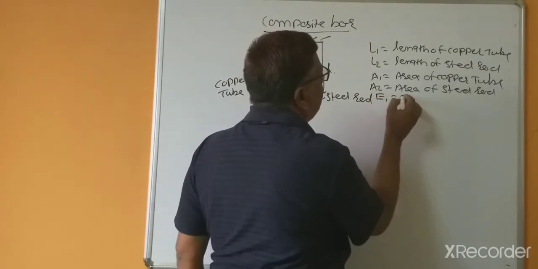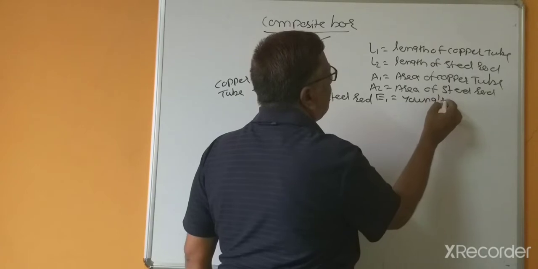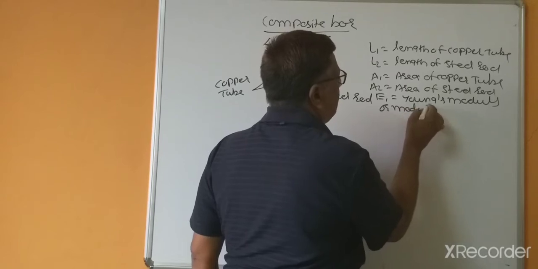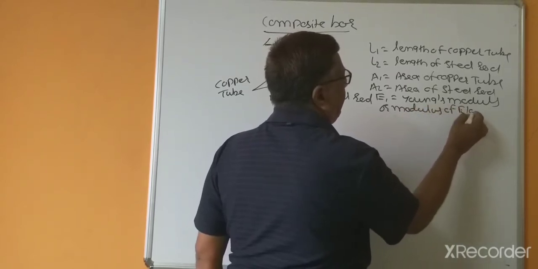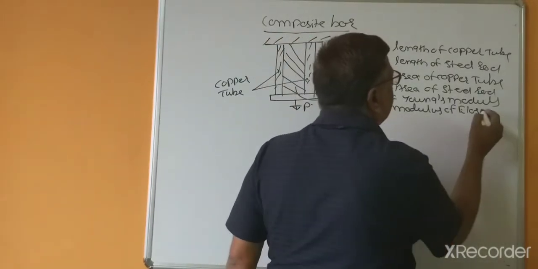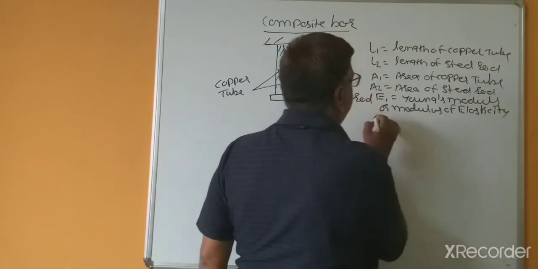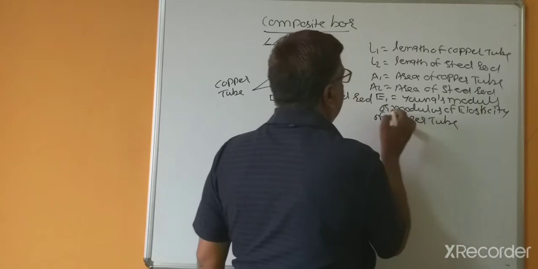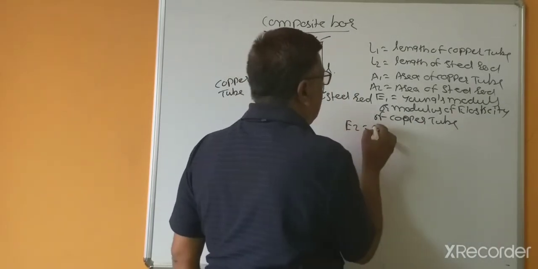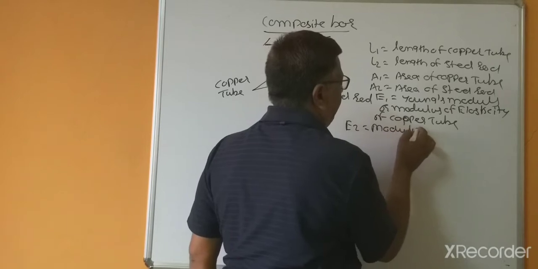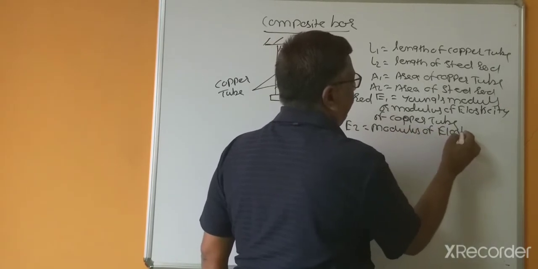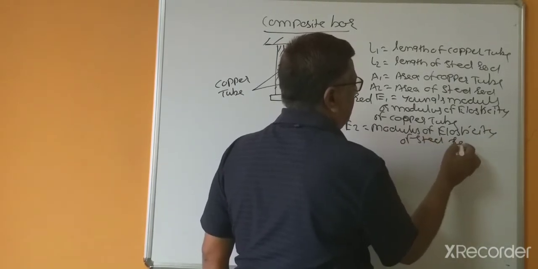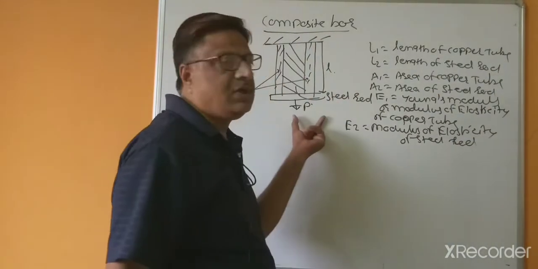Young's modulus E1 is the modulus of elasticity of the copper tube, and E2 is the modulus of elasticity of the steel rod. The total load is P.